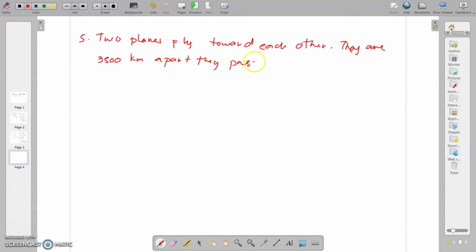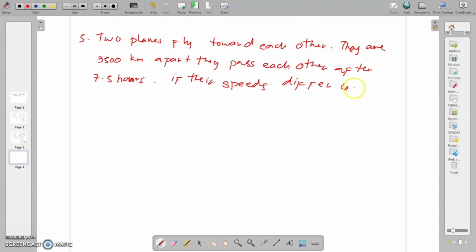They pass each other after 7.5 hours. So if their speeds differ by 65 kilometers per hour, what are their speeds?